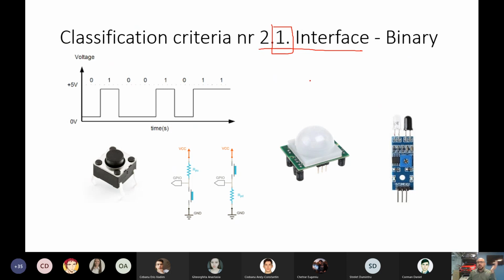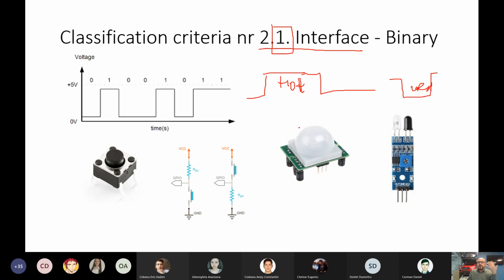So we can detect it's hot or not hot. Okay, we can say if not hot, it's cold, maybe, but we can say that it's hot or not hot, or it's cold or not cold.